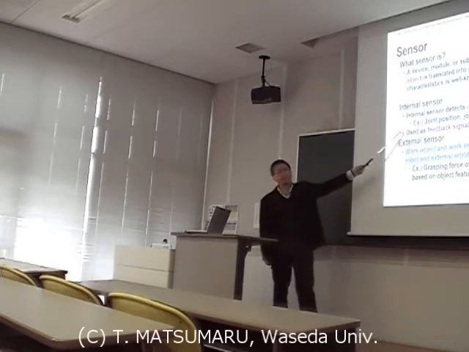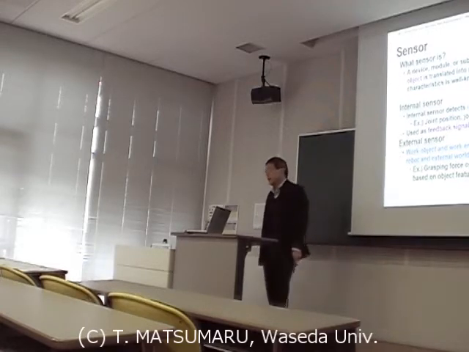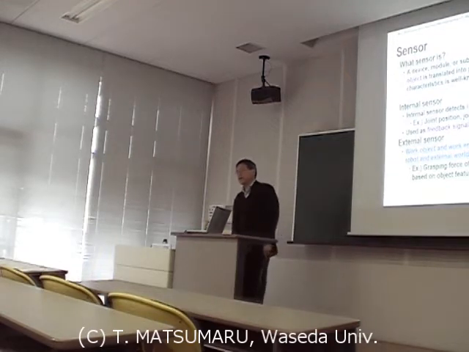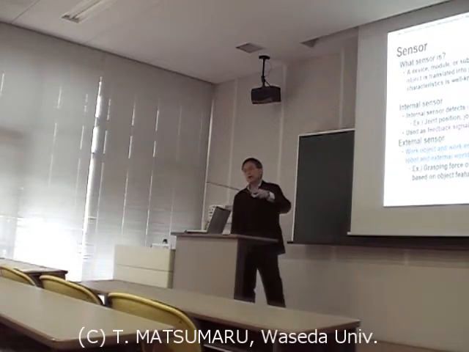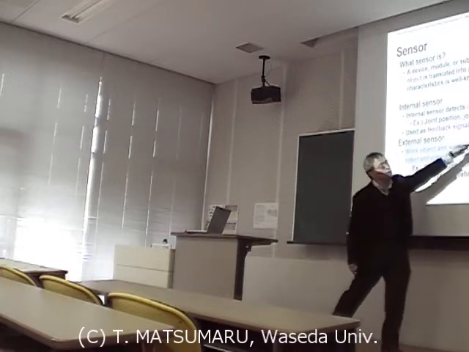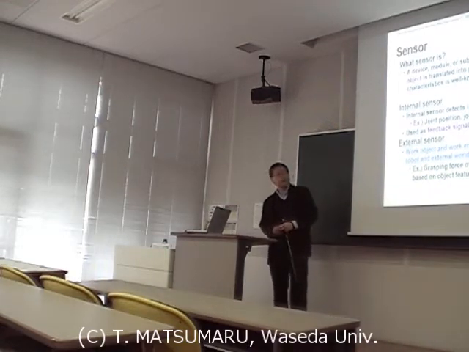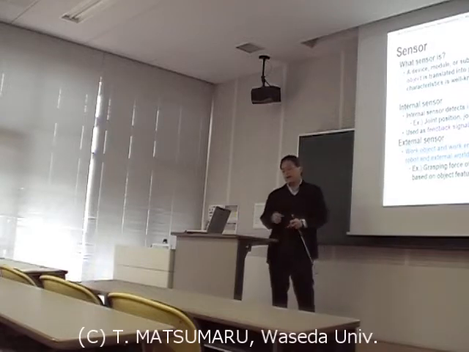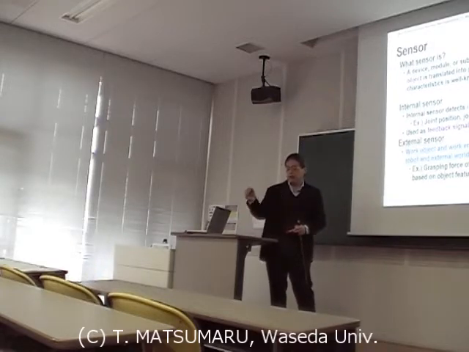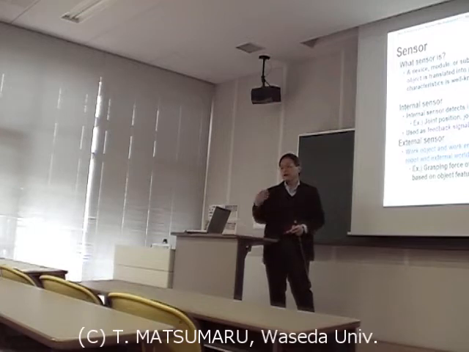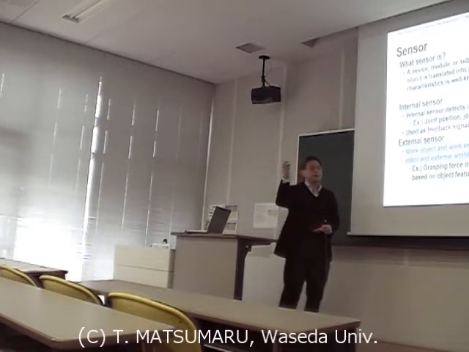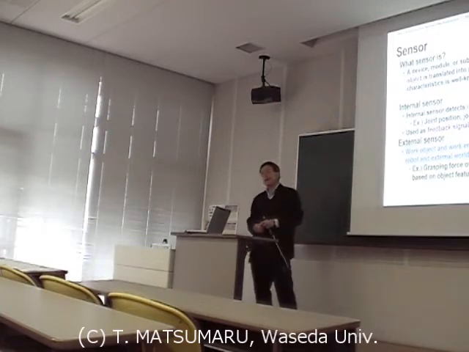rapidly, and so on. Then the external sensor is to understand the environment, because the robotic system has a physical body, and the most important part of its work is the interaction between itself and the environment. By using some interaction, some task is carried out.